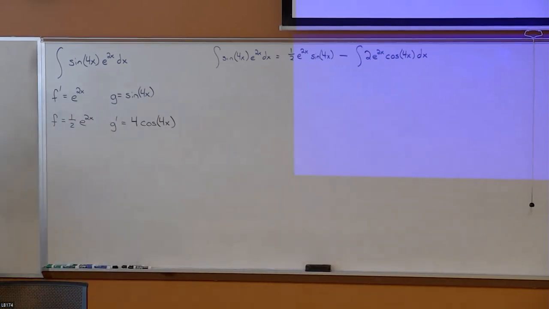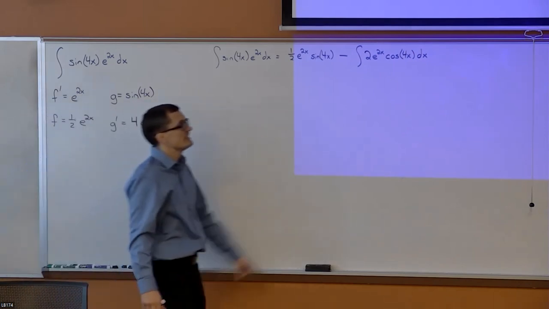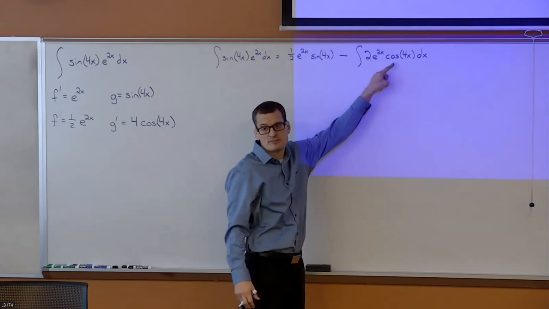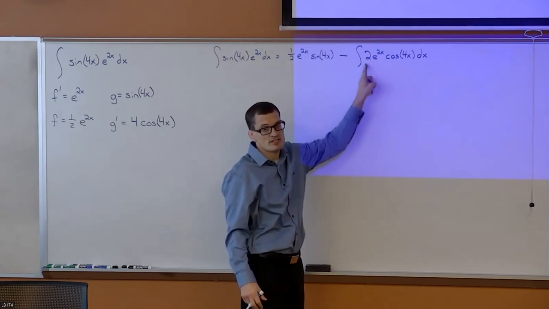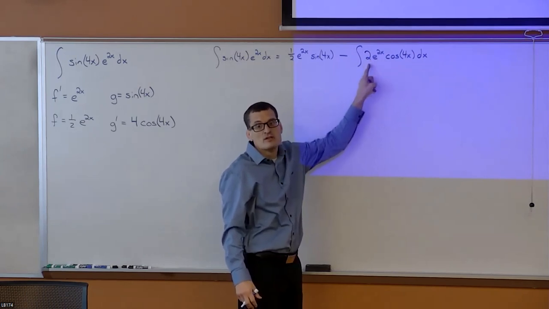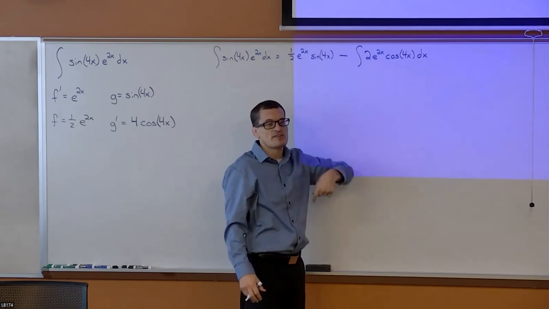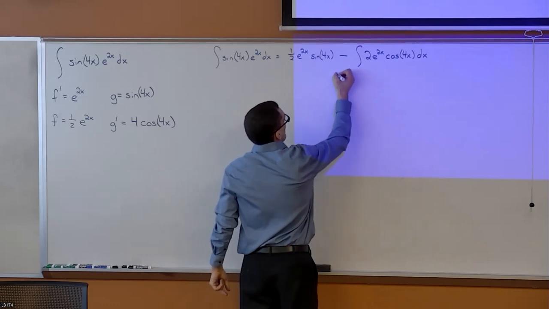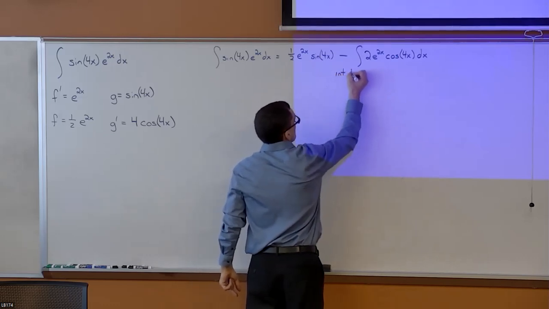Just multiply the 1/2 and the 4 together, so I don't have to write another line. Now you'll see this is still trig function times exponential. Trig function times exponential. So just like we did with the quadratic, we're going to do another integration by parts.